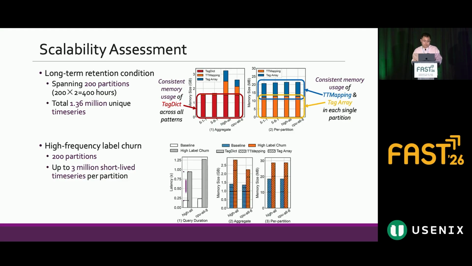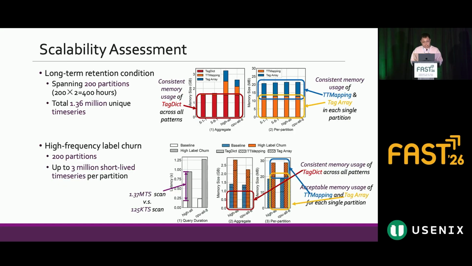For this result, you may find that we have significant latency overhead, because now we need to go through more time series metadata. But for the memory usage, you may find we still have consistent tag dictionary usage, and similarly, we have acceptable memory usage for the TT mapping and tag array for each single partition.